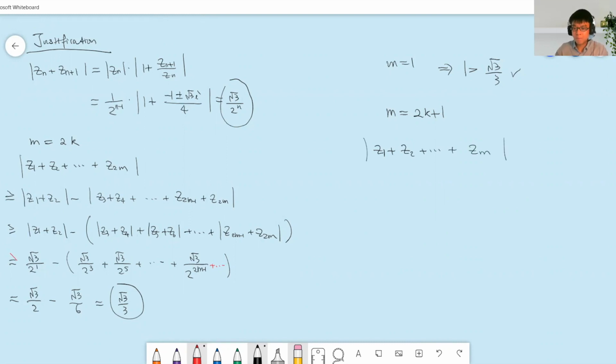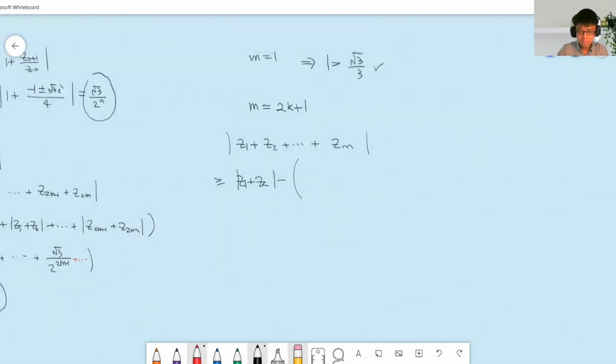This can be split into z1 plus z2 minus the future terms: z3, z4, up to z2k minus 1, z2k, but we have an additional term here, z2k plus 1.